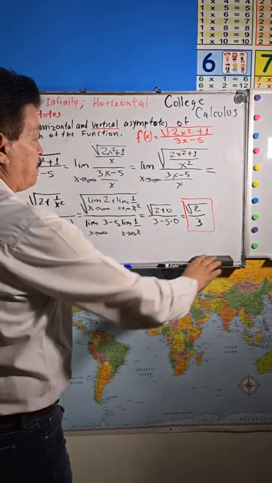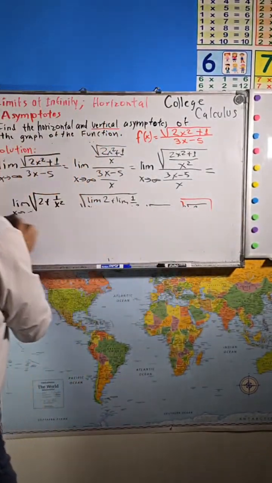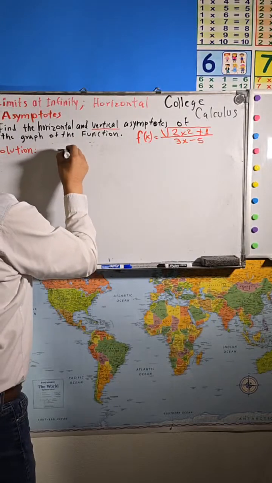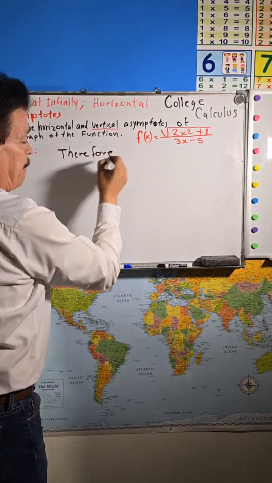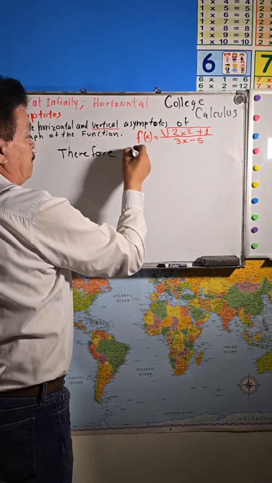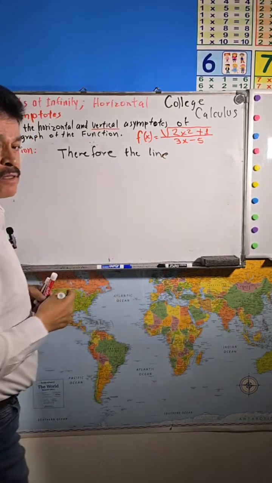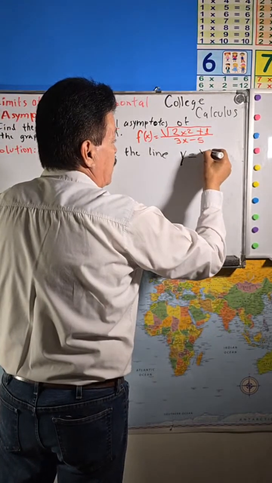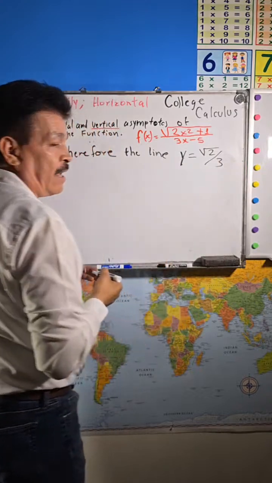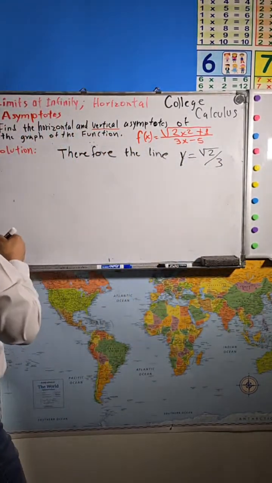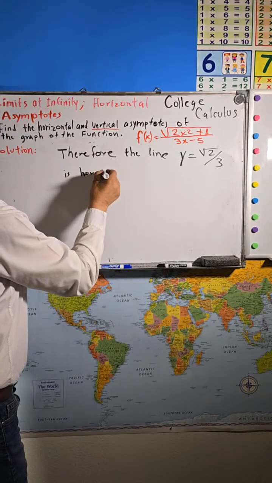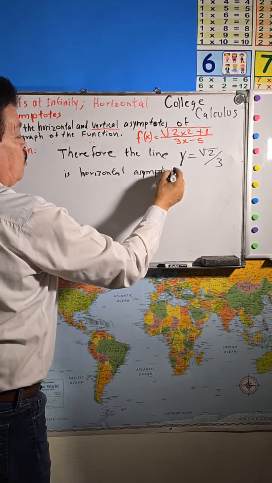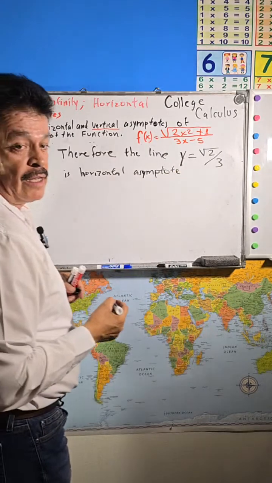Let me write the conclusion. Therefore, the line y equals the square root of 2 divided by 3 is a horizontal asymptote of the graph.